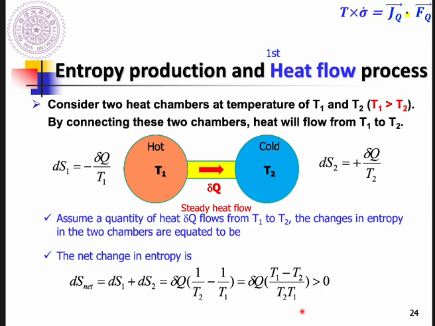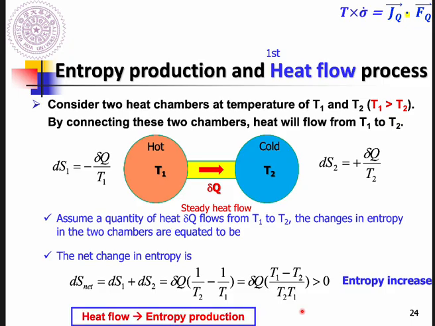So this is not our final goal, because in this case we just proved that this heat flow process produces entropy, which leads to entropy increasing. But I want to show you this equation works, right?